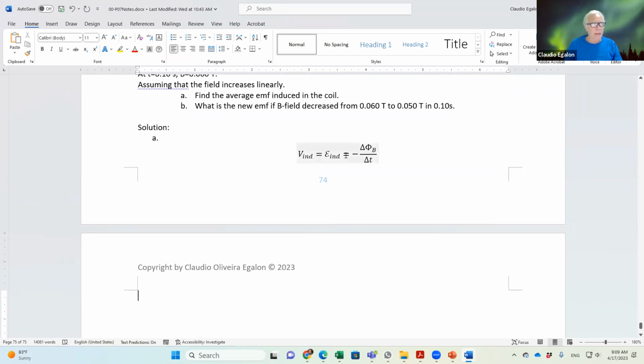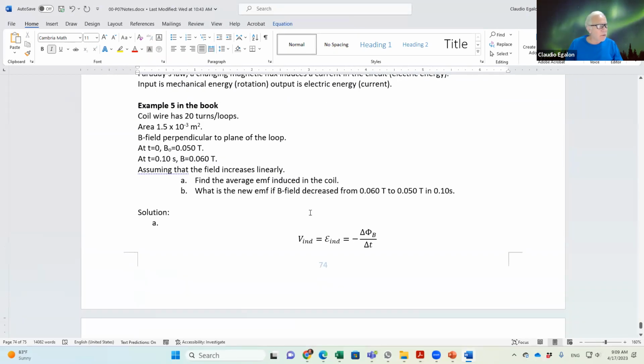Okay, and let's look at the flux, magnetic flux through the loop. Okay, magnetic flux, and by the way, he didn't say it's uniform field, right? He has to say that the field is uniform.